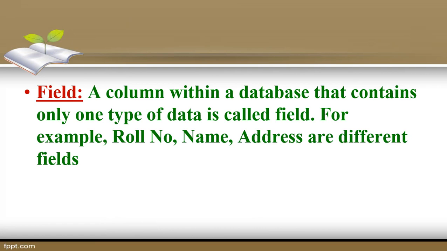For example, suppose I am creating a mark list. In a mark list there are roll number, name and address, which are different fields. Clear everyone? Each is one type of information, and all of this is called a field.